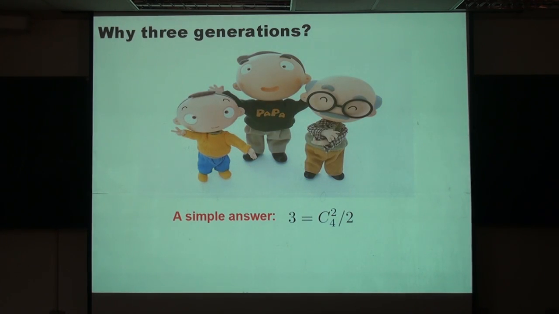And now we have a simple answer for the reason of 3 generations. The idea is pretty simple: we have 4 locally separated zero modes. At long wavelengths, we must pair them up, because in 3+1D any point-like particle cannot be a single Majorana zero mode. It must be a pair of them, due to the Witten argument, or in some other arguments, it must be either fermion or boson.